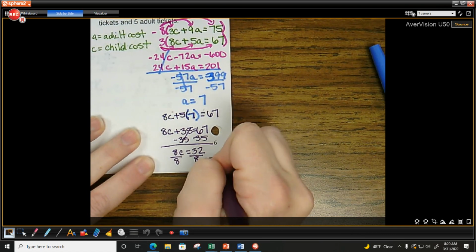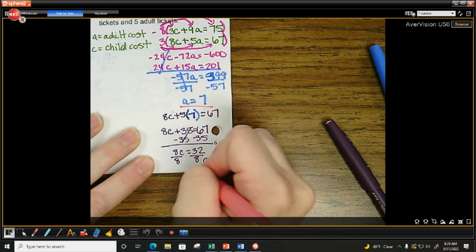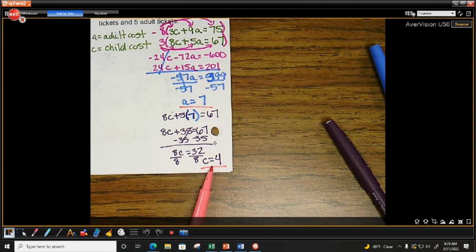Guys, just using your knowledge of what you know about life. Does it make sense that my adult tickets cost more than my child tickets? Yes, normally children are less expensive than adults. Okay? So if I got something like 7 for adults and then like 40 for children, I would just, knowing what I know about life, I would go back and kind of check.